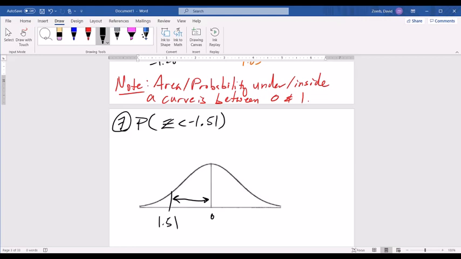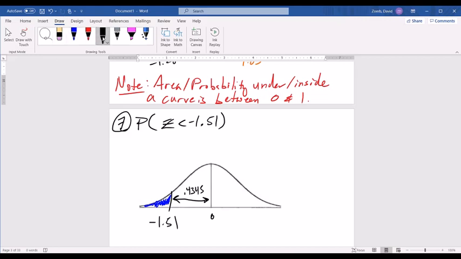Oh, this would be negative. So 1.51, 43, 45. And it says less than that, which means it wants to the left of that z-score. So this part.